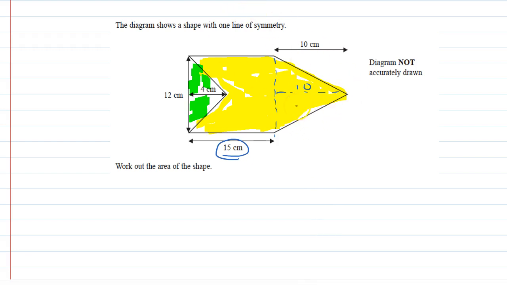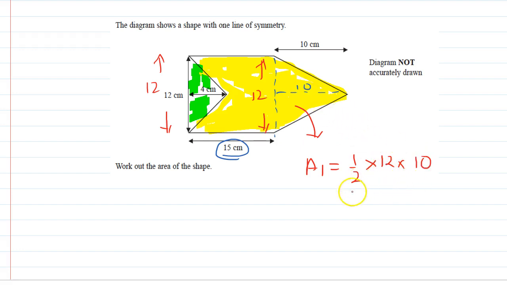So this triangle area, suppose this is A1, half base times height. So this is 12. So this is also 12. So base is 12 times height. Height is 10. So half of 12 is 6. 6 times 10 is 60 centimeter square because the unit is in centimeter.